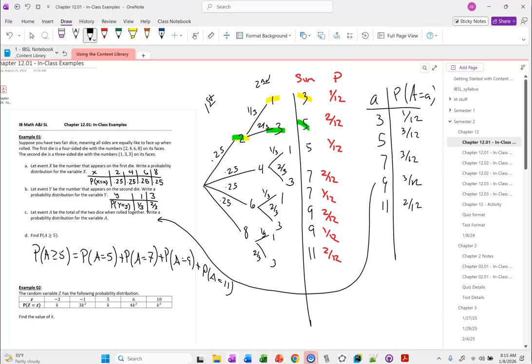And because it's or, you could be 5 or 7 or 9 or 11, we know that we're going to be adding them. So I have 3/12 plus 3/12 plus 2/12, which is 11/12.